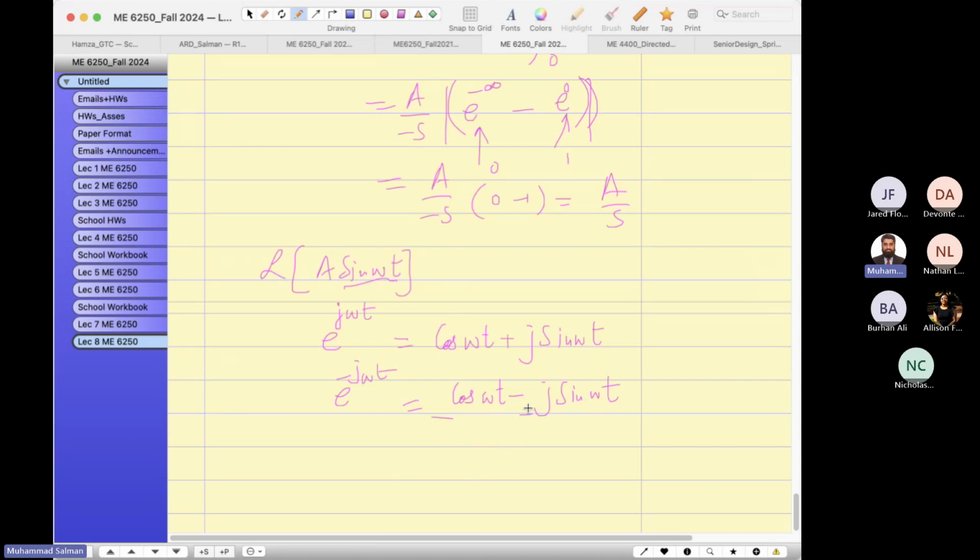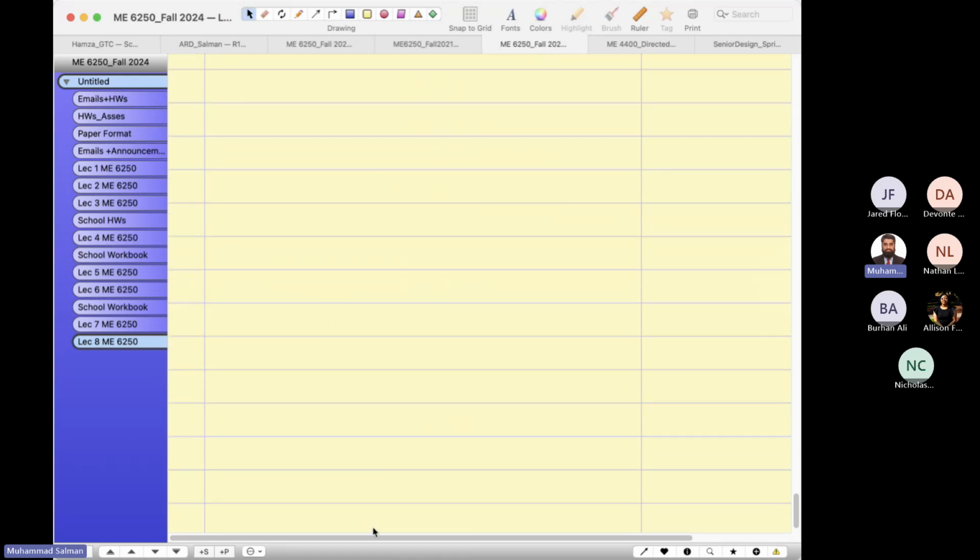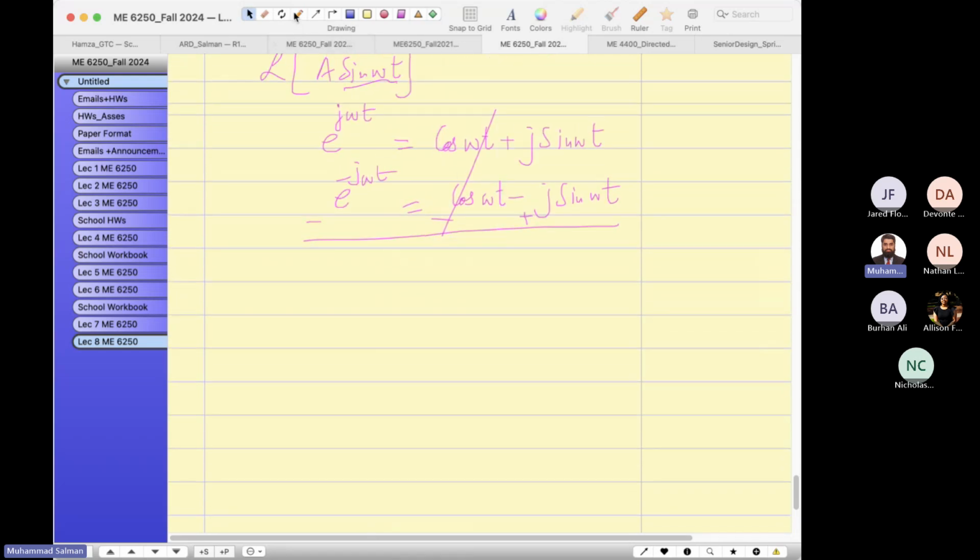You just take the negative here, correct? This is cancelled out. So you just do a rearrangement and simplify the answer. On the right hand side is 2j sine omega t, and on the left hand side e to the j omega t minus e to the negative j omega t. And then if you bring this 2j into the denominator, sine omega t can be written from the Euler theorem.